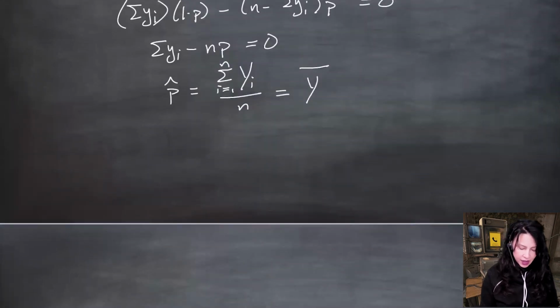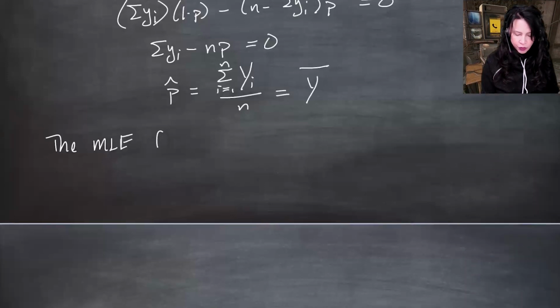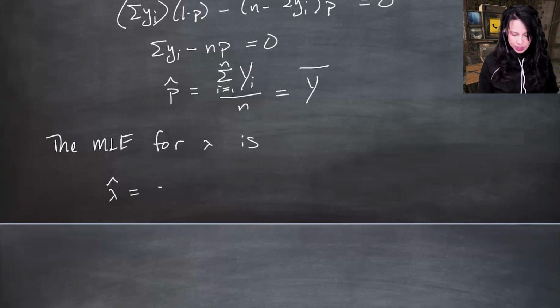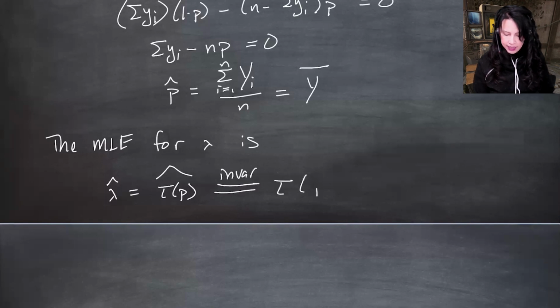So to finish this off, part B, the maximum likelihood estimator for lambda is lambda hat, which is tau of P hat. So lambda was equal to a particular function of P, which was negative 1 over C times the log of P. By the invariance property of MLEs, this is tau of the MLE plugged into that function.